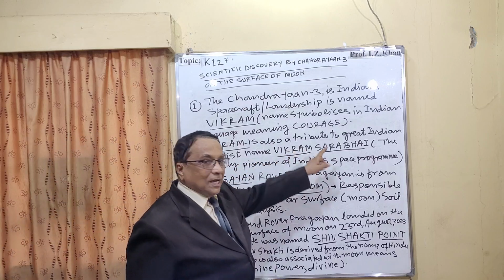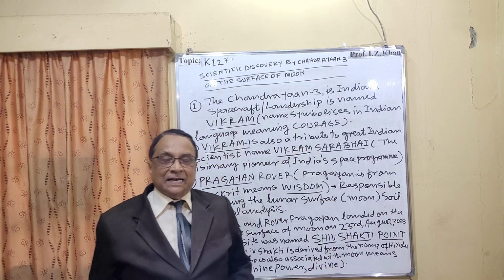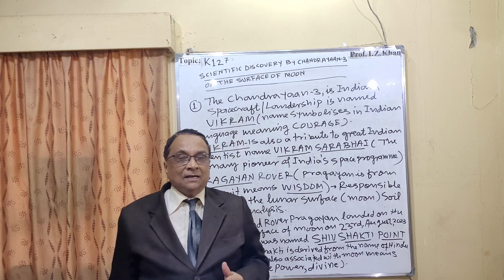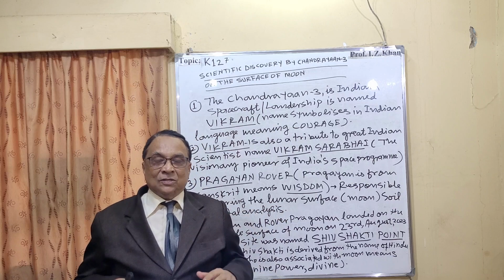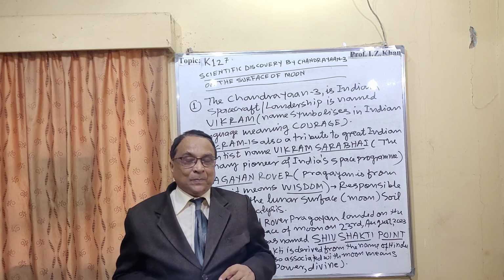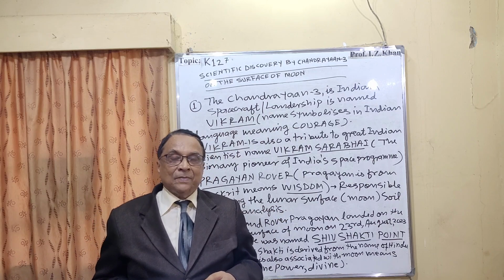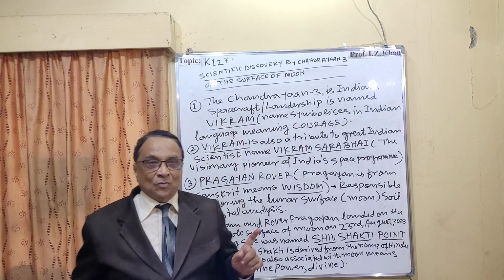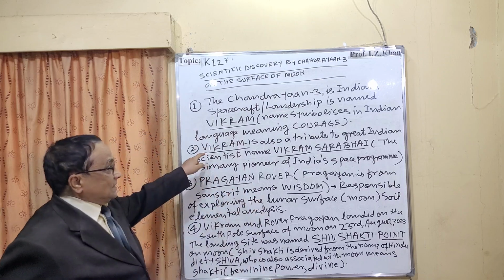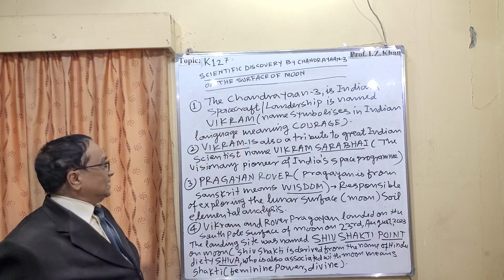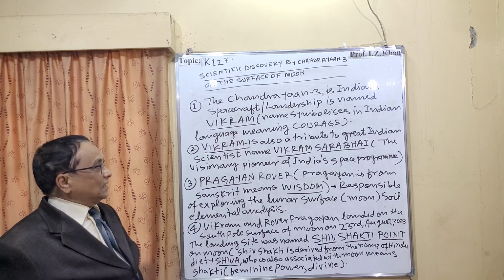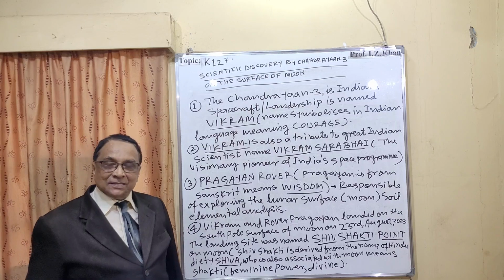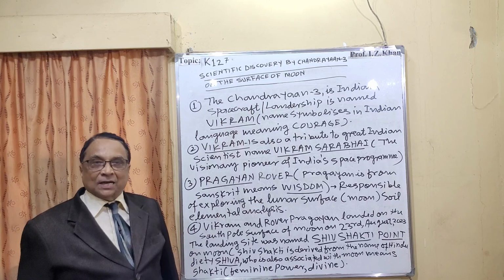Vikram Sarabhai was the greatest space scientist in India, and the world knows him. He laid down the foundation of the Space Research Center, and his name was coined here as a tribute to the great Indian scientist and visionary pioneer of India's space program, Vikram Sarabhai.